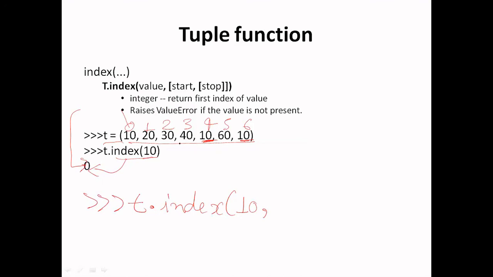Here I just want to check the second occurrence of this 10. I know that the first time 10 occurs at index 0, so I will write a value which is more than 0, like 1. This will search the complete tuple object from index 1 onwards, including 1 also. So this 10 will be searched from index 1 onwards. In this case, 10 is found at index 4, so the answer will be 4.